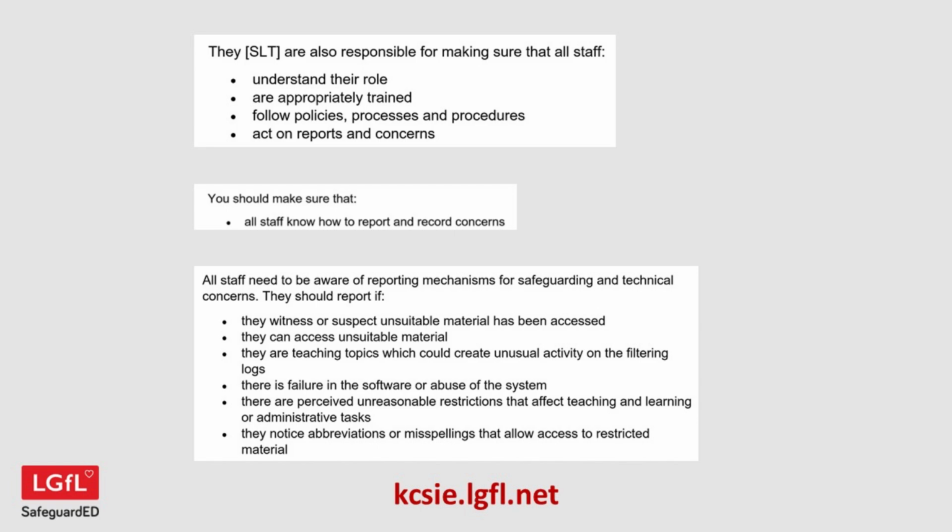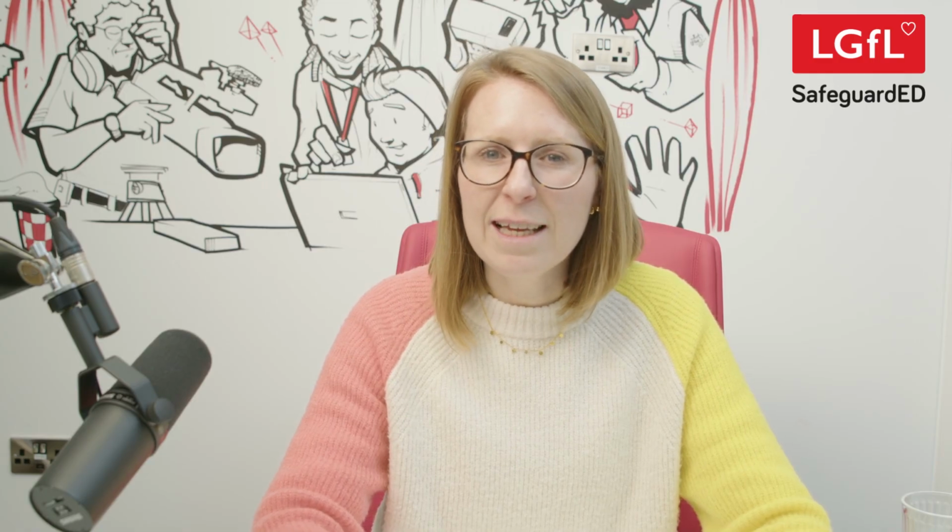If that happens in the classroom, are they clear on the processes for reporting and recording? And do they take those opportunities to talk to pupils about safe, responsible use of technology? So there are many roles in your school who have a direct part to play in making sure that filtering is working and is effective for your pupils.